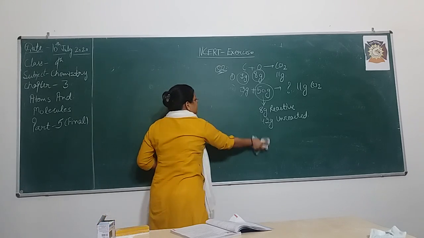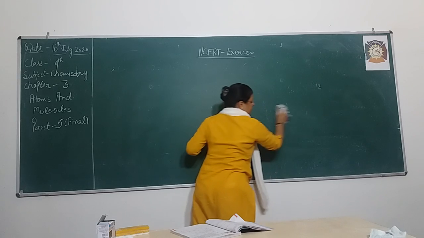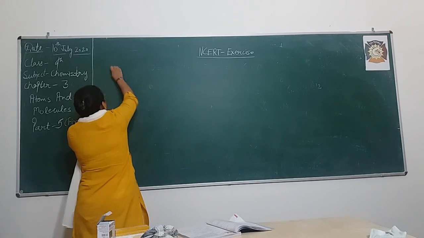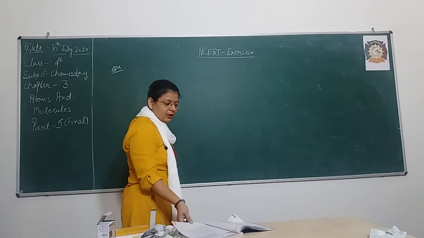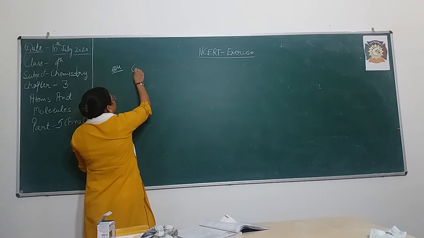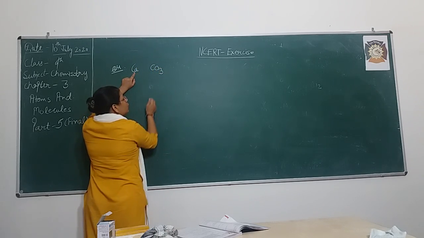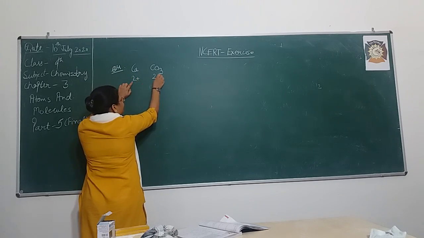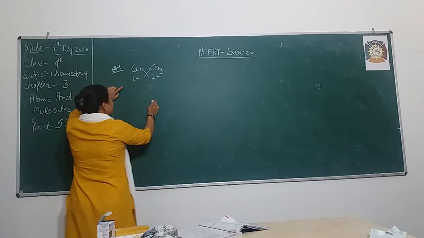The fourth question is that you have to write the chemical formula, and you know how we are going to write it. I am giving you an example, like calcium carbonate. Symbol of that compound: calcium, carbonate ion CO3, charge 2 positive, carbonate 2 negative. The next step, cross multiplication.